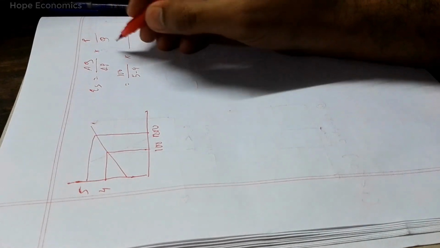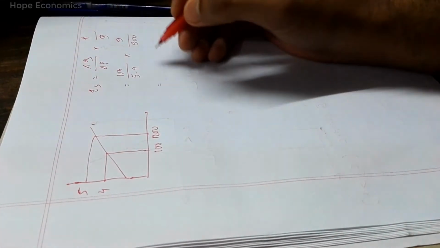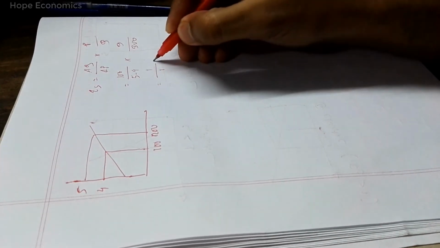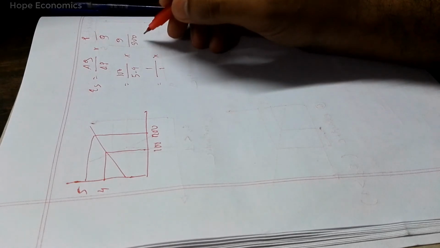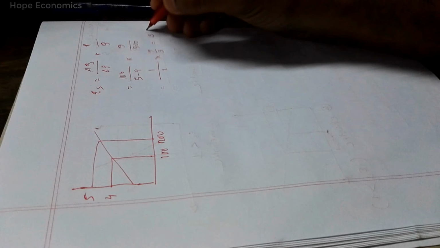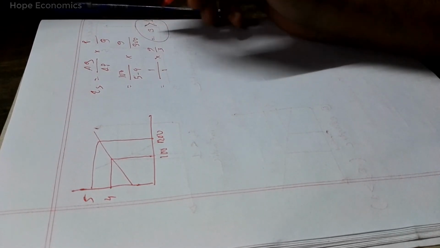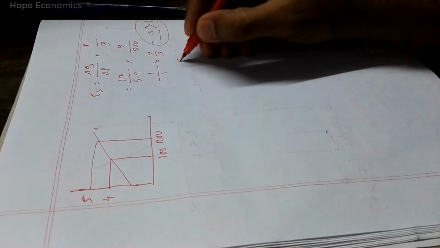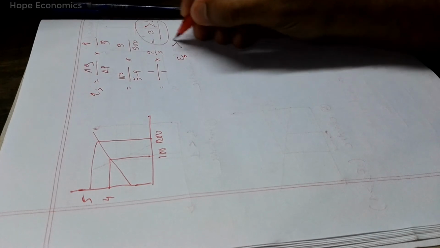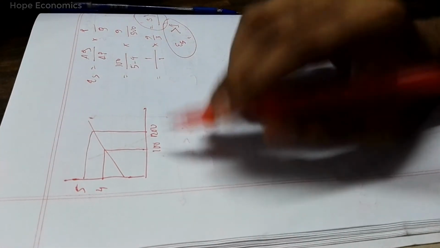Into P is 9 and Q is 300. So 100 by 1 into 9 by 300 is equal to 3, which is greater than 1. So the price elasticity of supply is greater than 1, so the curve is elastic.